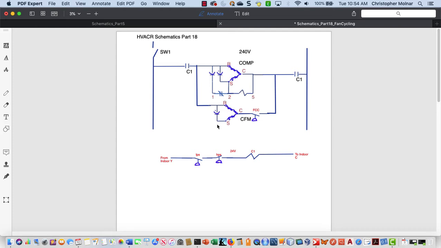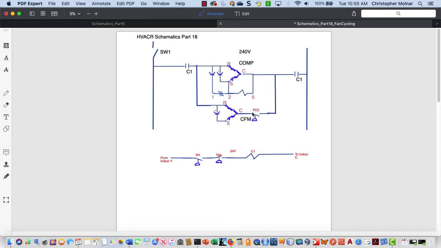So what it's going to do is exactly what the control says. It's going to fan cycle, and it's going to maintain my high side pressure, which in turn will maintain my low side pressure above the equivalent of 32 degrees. Remember, I'm really worried about that temperature on the evaporator side.